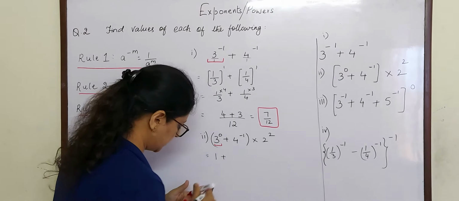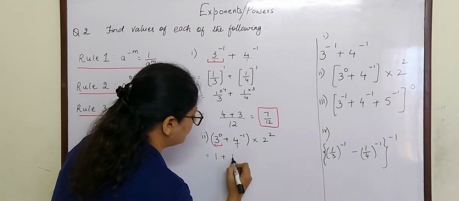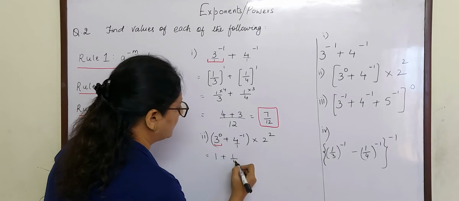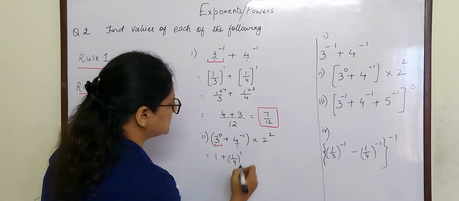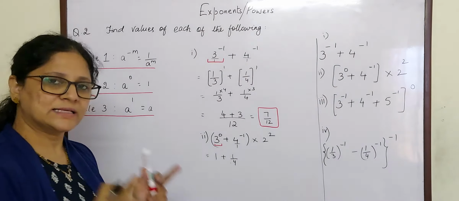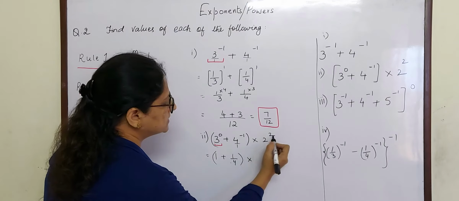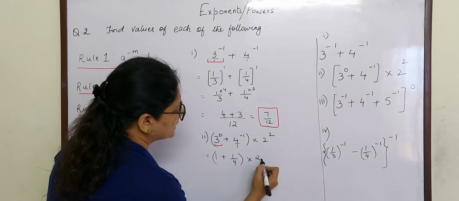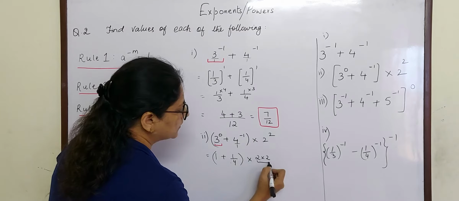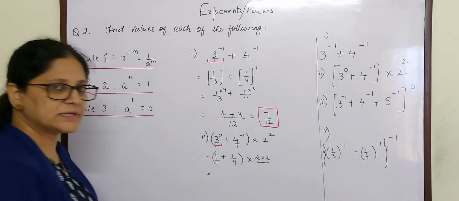So how will you change it into positive exponent? Yes, 1 by 4 raised to 1. And any number raised to 1 is the number itself. So we can write this 1 by 4 raised to 1 as 1 by 4. Then close the bracket. What is 2 square? 2 square is nothing but 2 into 2. Next, now here there is nothing below, that means it is 1.